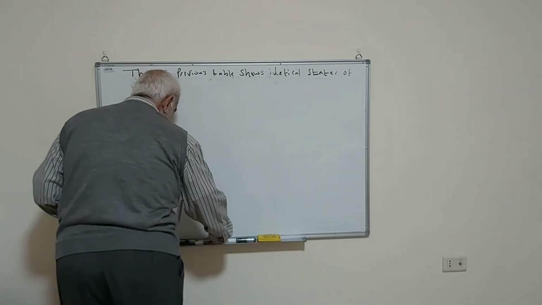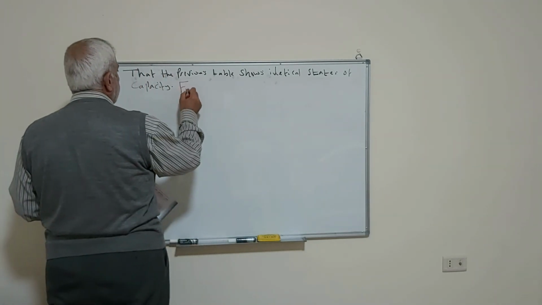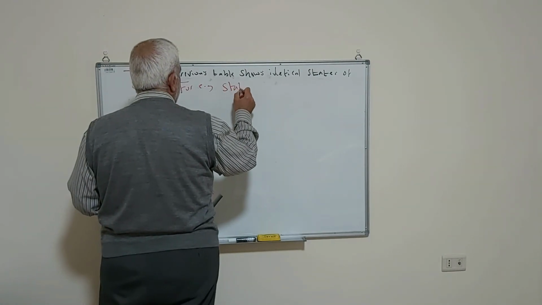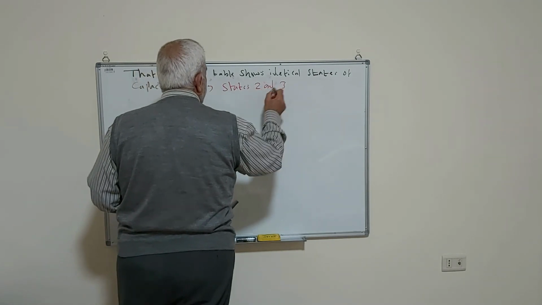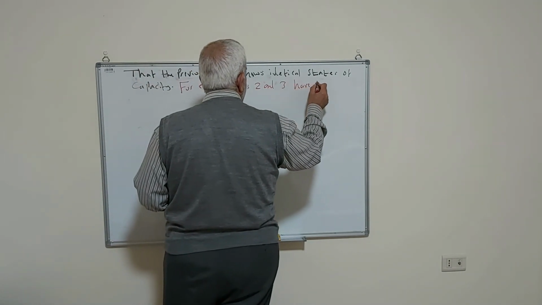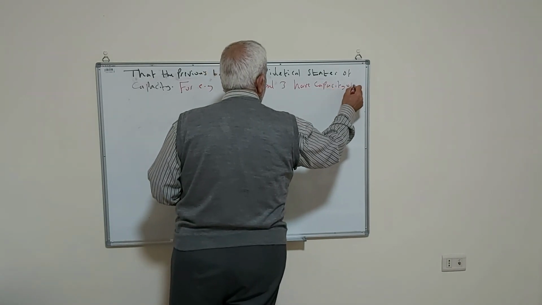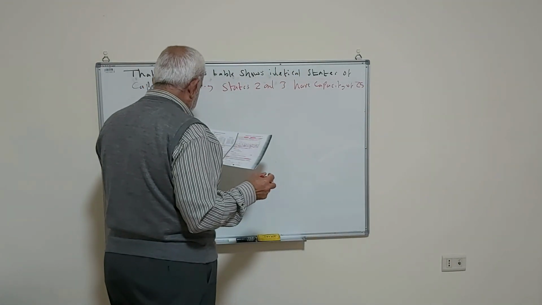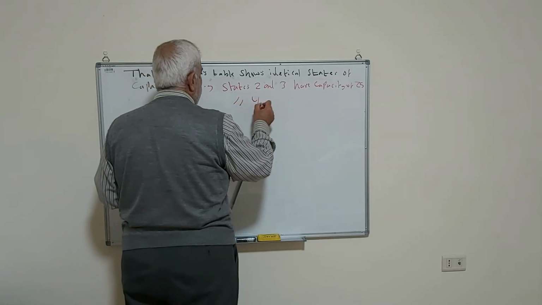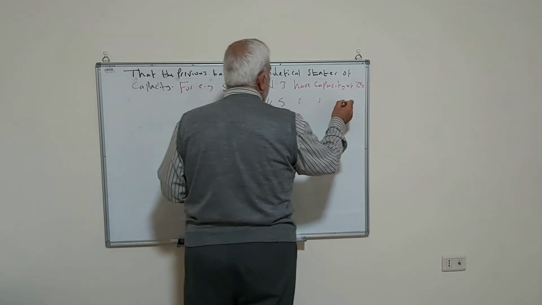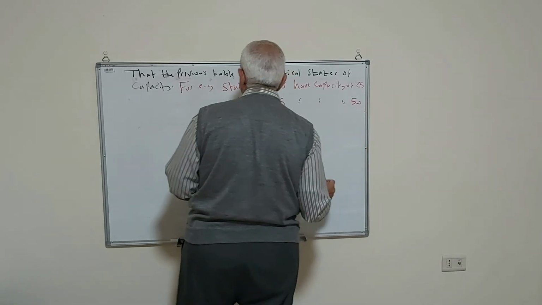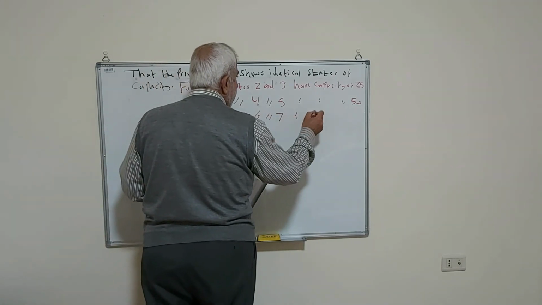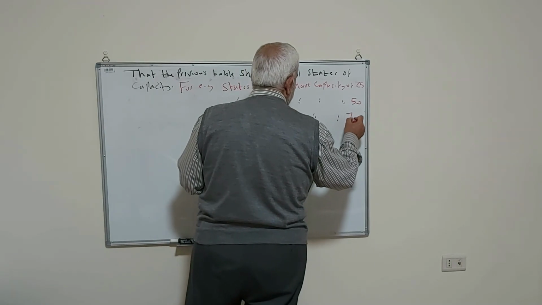For example, states 2 and 3 have capacity of 25, and states 4 and 5 have capacity of 50 megawatt, and states 6 and 7 have capacity of 75 megawatt.